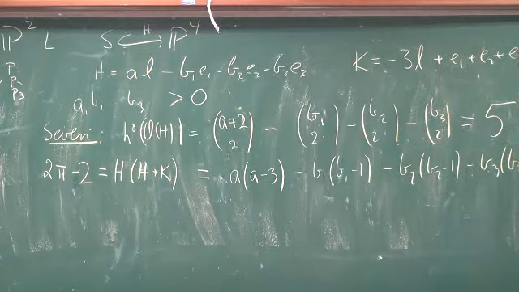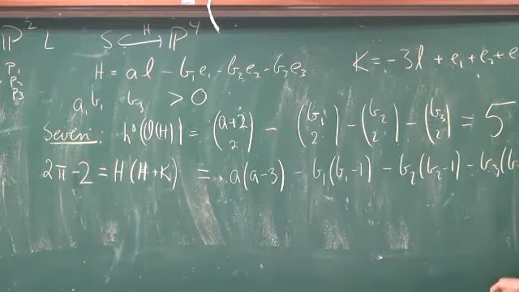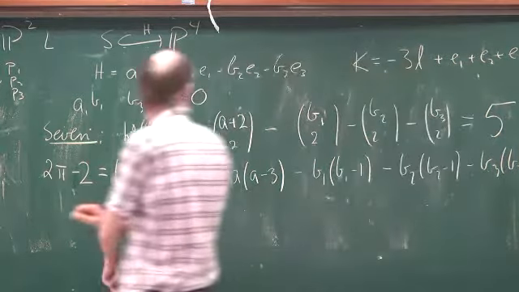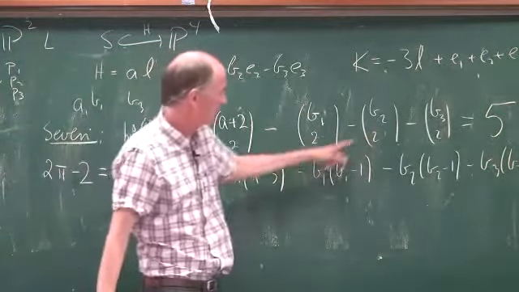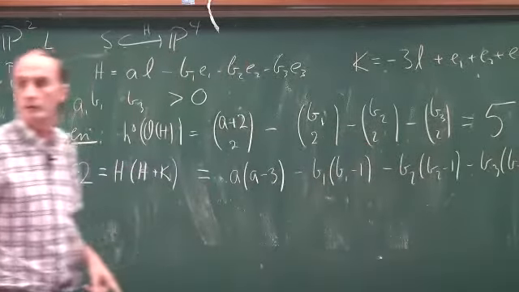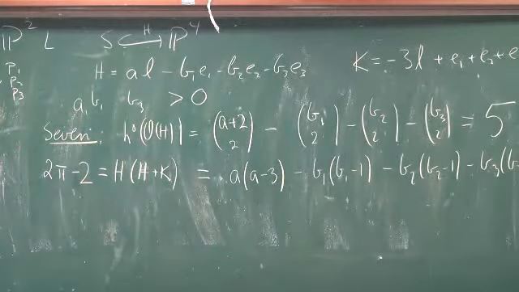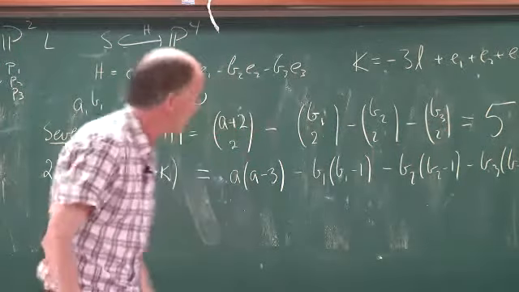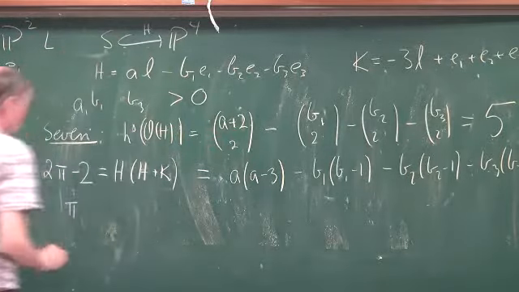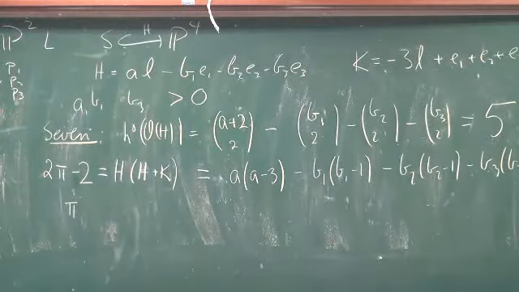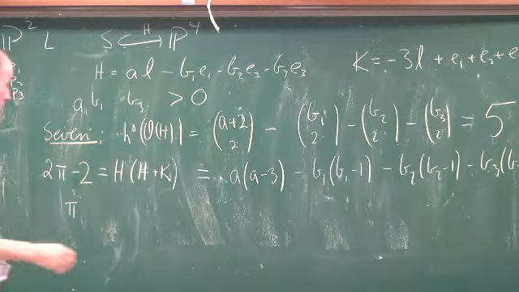Like this. So you see, you have some of the same terms here. So you'd like maybe to use that a little bit, just to get some condition on the genus from the 5.